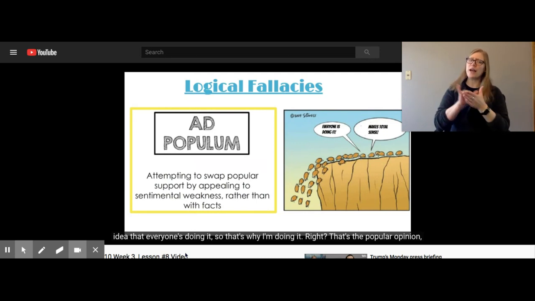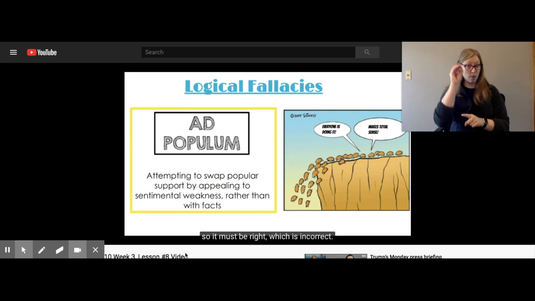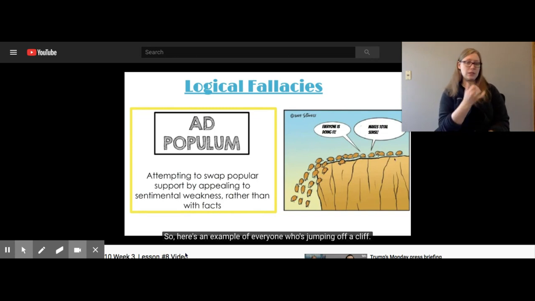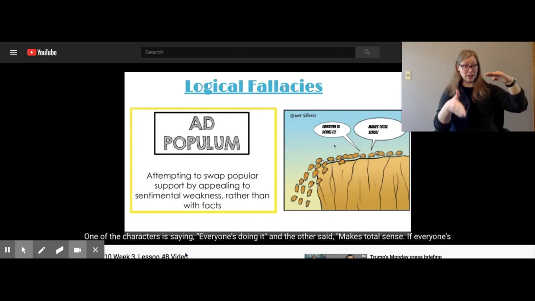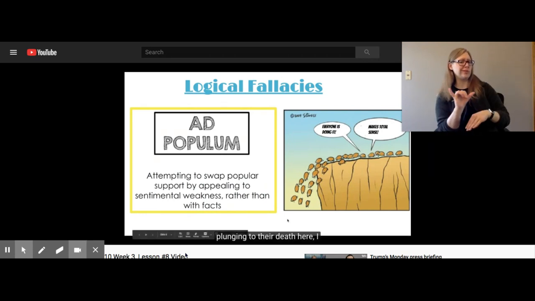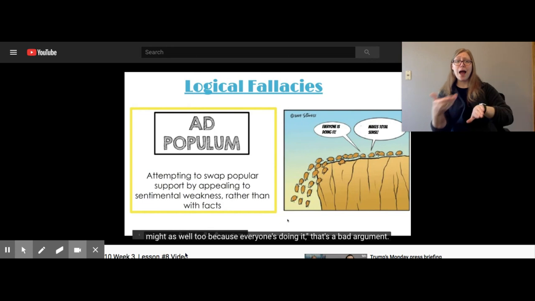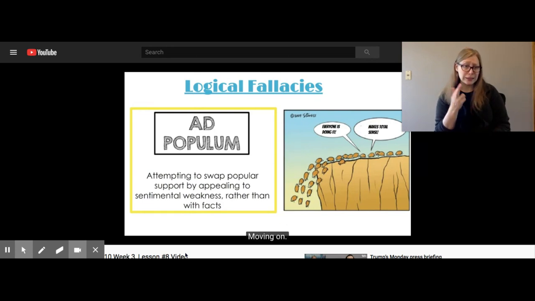That's the popular opinion, so it must be right, which is incorrect. Here's an example of everyone jumping off a cliff. One of the characters is saying everyone's doing it, and the other says, oh, that makes total sense. If everyone's plunging to their death here, I might as well too, because everyone's doing it. That's a bad argument.